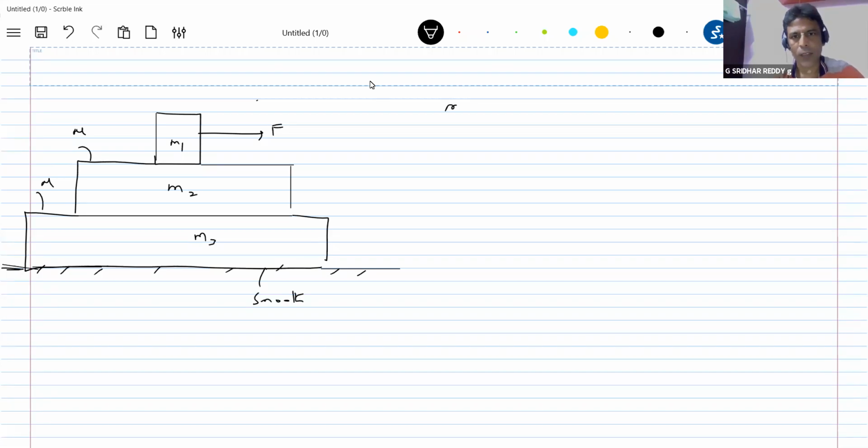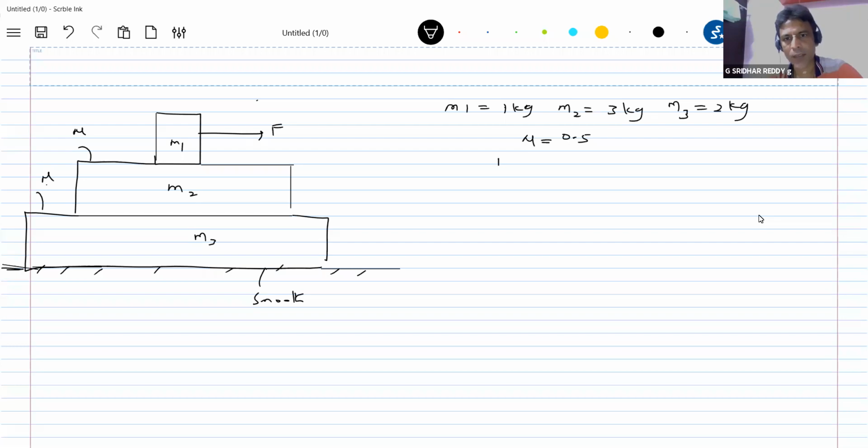The values are m1 1 kg, m2 3 kg, m3 2 kg. Let mu be 0.5. The value of mu will be the same at all the surfaces, between 1 2 and 2 3.